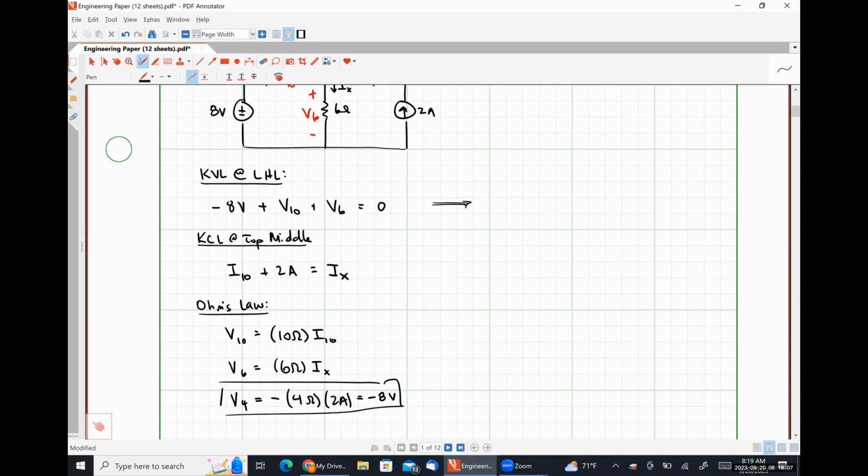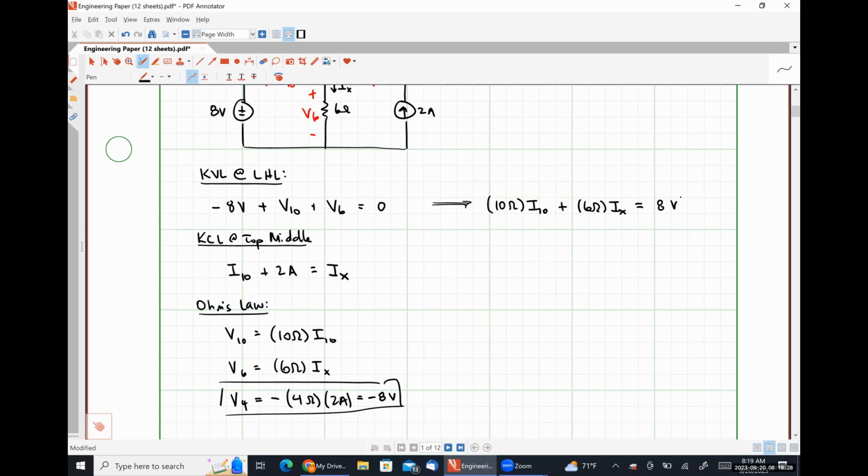So V10 looks like 10 ohms times I10. V6 looks like 6 ohms times IX. And I'm going to move that 8 volts to the other side of the equal sign so that I get this, right?